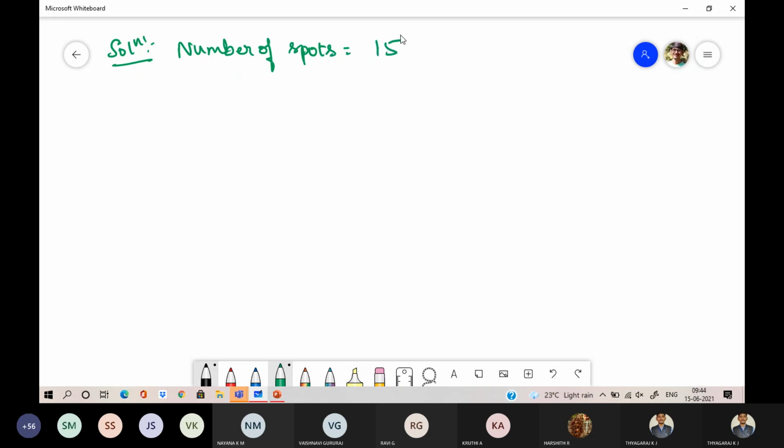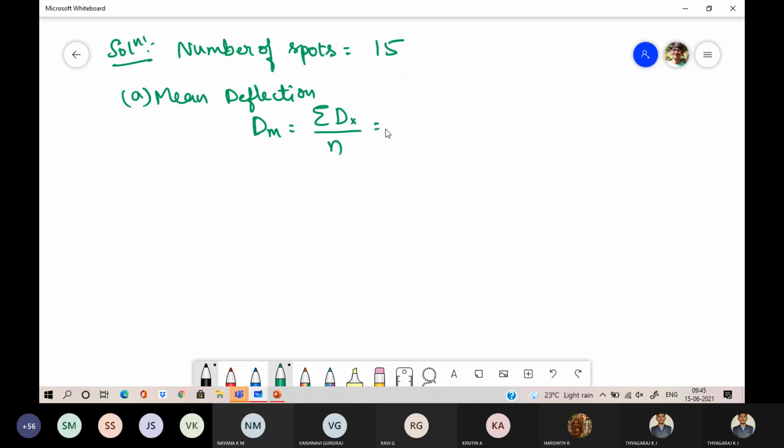Now what they are asking? First they are asking you to determine the mean deflection. So using your calculator, mean deflection dm is equal to sigma d divided by n.